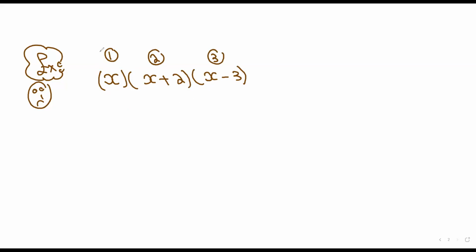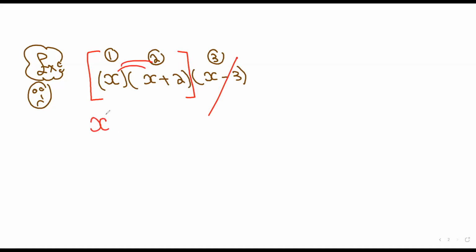Pick any 2 items that you want. For example, I'm going to start with these 2. What if someone decided to start with the brackets, 2 and 3? Fine, you will get the same answer. And please remember to hide what you don't like. I'm going to start with item 1 and item 2, and pretend that the third does not exist at all. So I multiply normally.